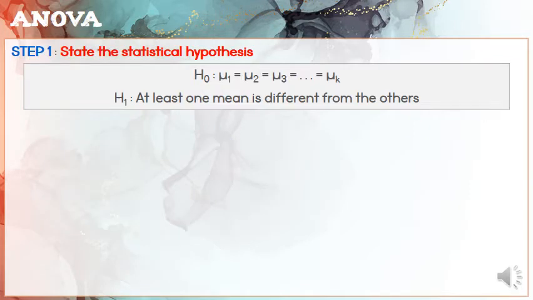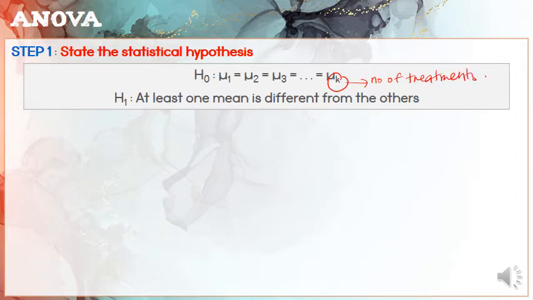So we start our hypothesis testing with step number 1, state the statistical hypothesis. So in ANOVA, since we are comparing more than two means, our null hypothesis is mu1 equal to mu2 equal to mu3 up until mu k, where k is the number of treatments or the number of groups.